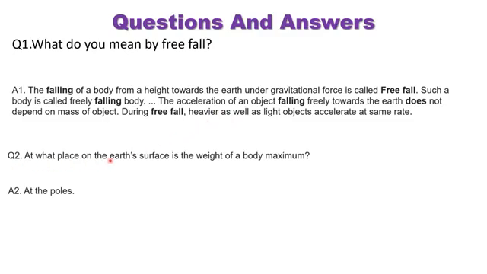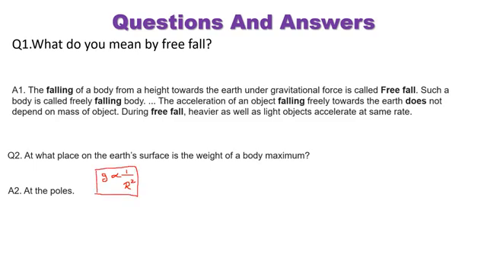Now, at what places on the Earth's surface is the weight of the body maximum? Definitely, it will be at the poles, because gravitational force depends upon the distance. We know that g is inversely proportional to the square of the distance between them, so the formula itself shows it.